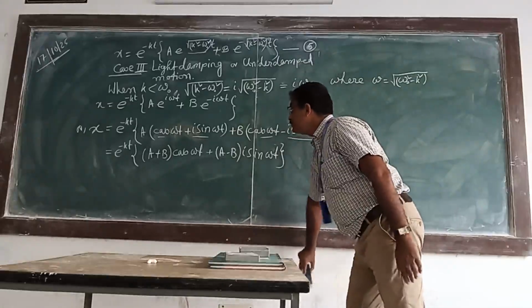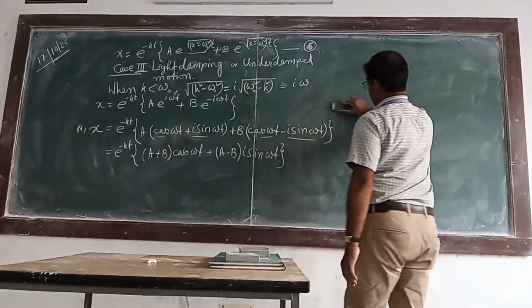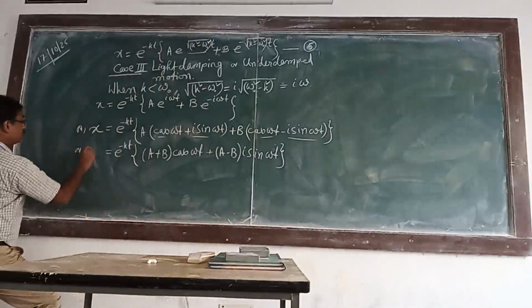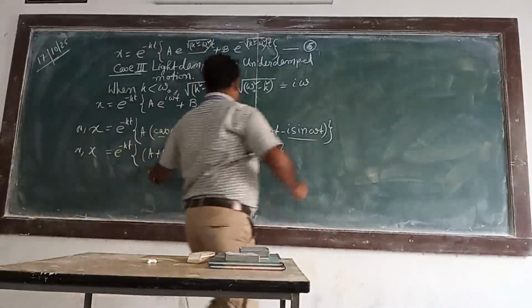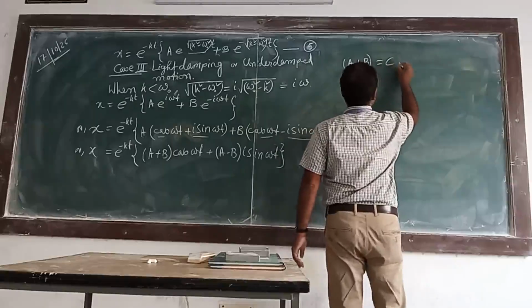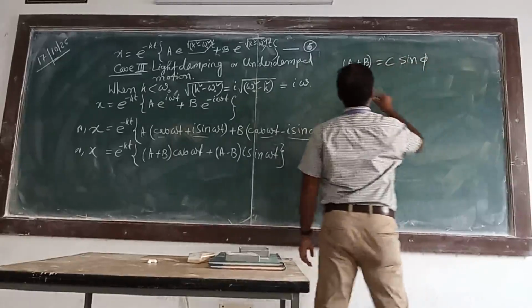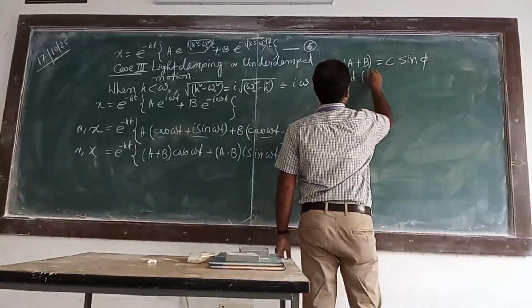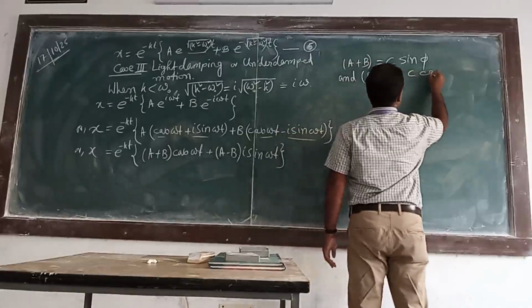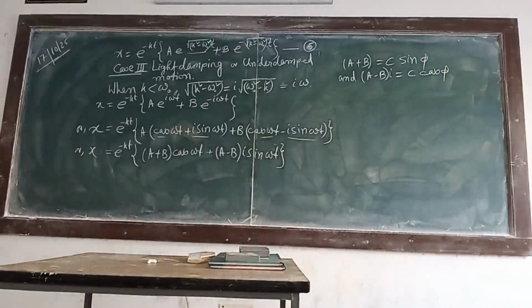a plus b equals c sin phi and a minus b into i equals c cos phi, another constant. C and phi are also constants.